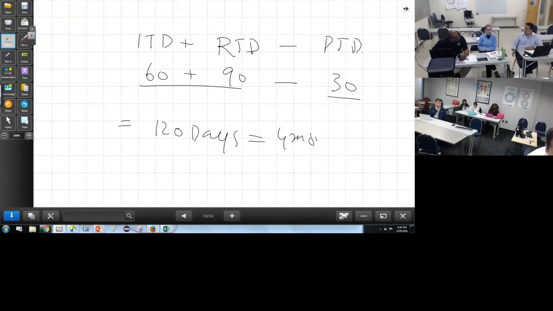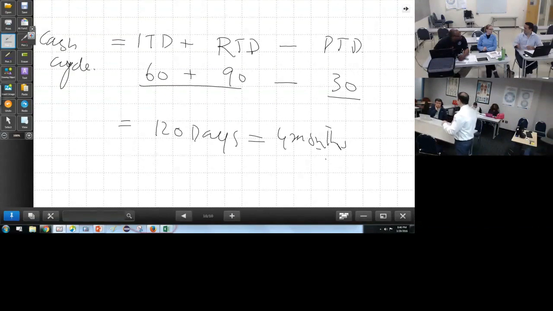In other words, our cycle shrinks down. And this cycle is what we call the cash cycle. And this is the actual measure of how long it takes for our cash to be stuck in operating.